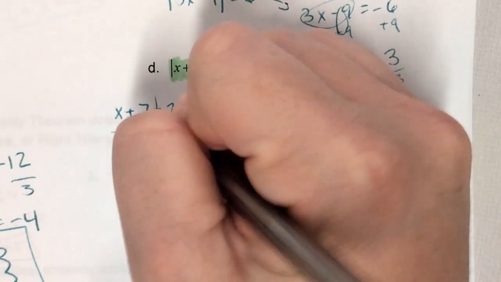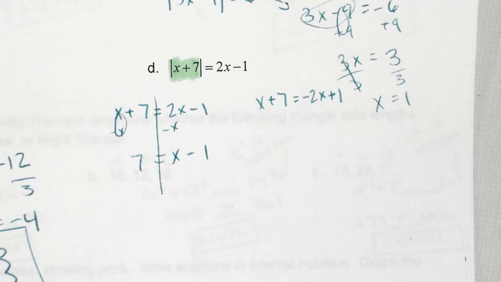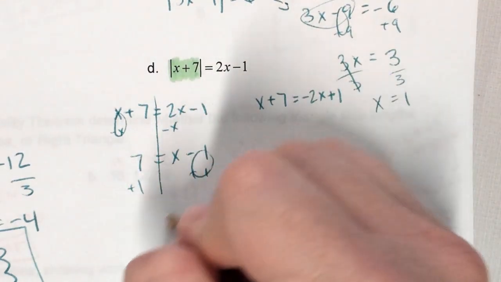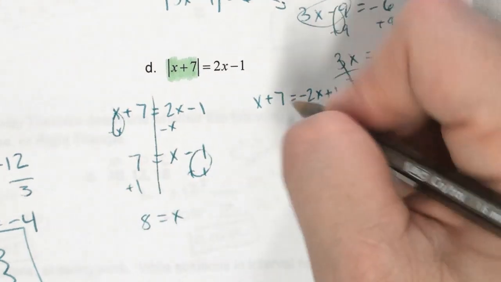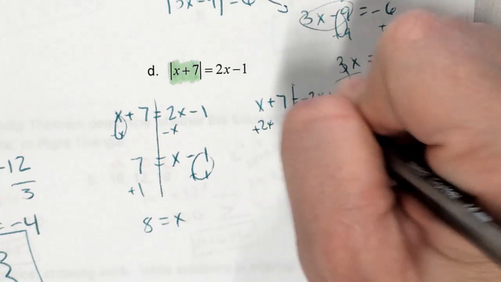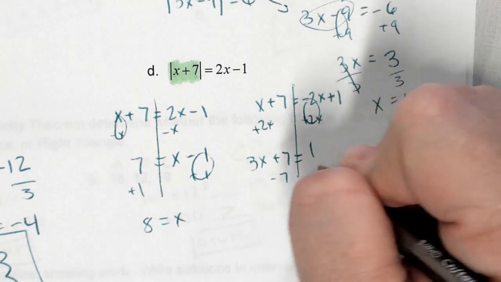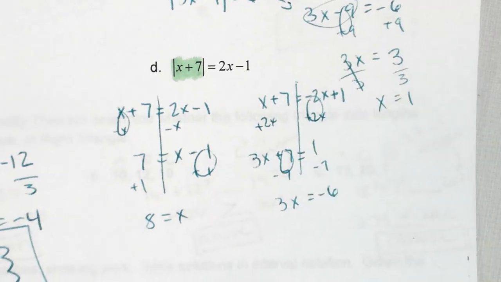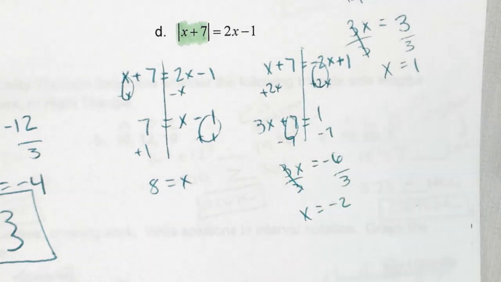Minus x, 7 equals x minus 1, plus 1, plus 1, and that gives me 8 equals x, or x equals 8, either way. Plus 2x, plus 2x. I get 3x plus 7 equals 1, minus 7, 3x equals negative 6. Divide by 3, I get x equals negative 2.